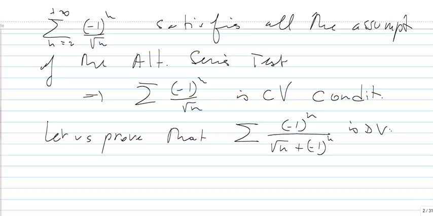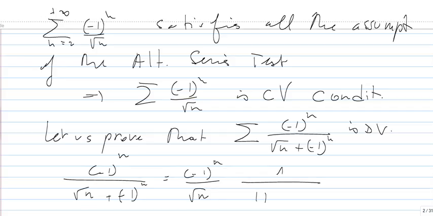So in order to understand what we are doing, let us point out the following. It's just baby algebra. That's minus 1 to the n over square root of n plus minus 1 to the n is equal to minus 1 to the n over square root of n times 1 over 1 plus minus 1 to the n over square root of n.